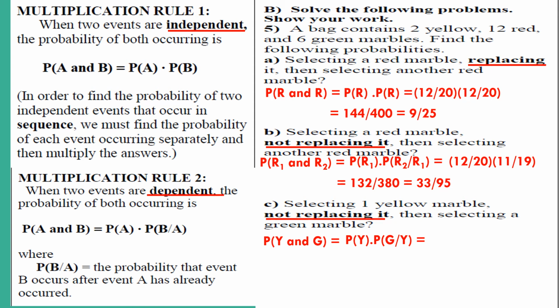So substituting the values, we have the probability that it is yellow is 2 over 20 times the probability that it is green given that the first was yellow. So 6 over 19. And simplifying, this is equal to 3 over 95.